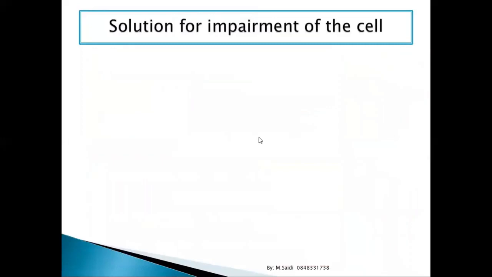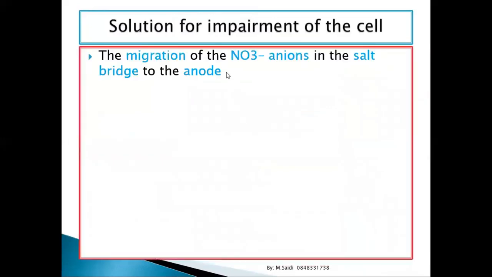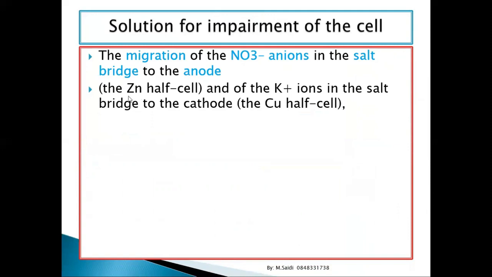Because it is positive, zinc 2 ions have accumulated, so we need a negative anion. Where is it going to come from? It's going to come from the salt bridge. Remember, the salt bridge is made up of potassium nitrate.